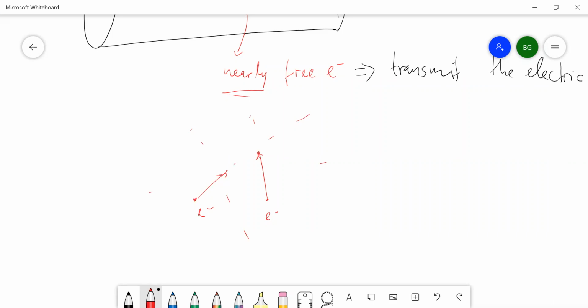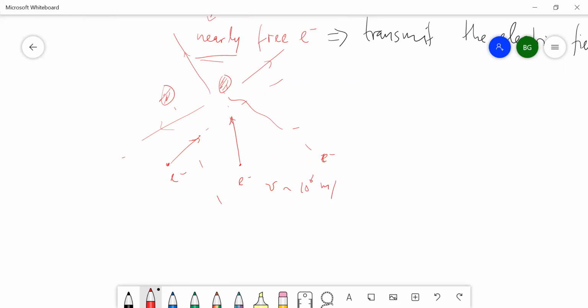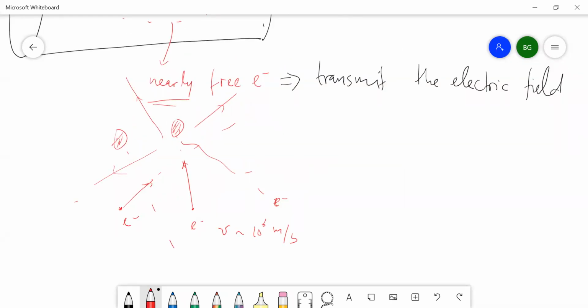If there is an atom, they repel or collide. So the electron will collide with atoms, then be scattered. The velocity of this nearly free electron in the conductor is around 10 to the 6 meters per second, and they move randomly.